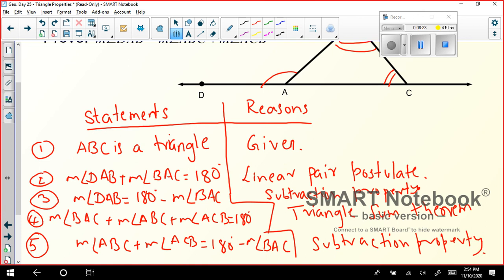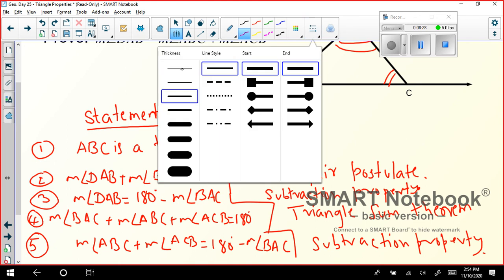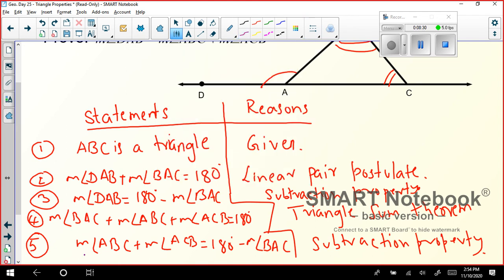Now further we can compare these two statements. I have measure of angle ABC plus measure of angle ACB equals 180 degrees minus measure of angle BAC, and here also I have angle DAB as 180 degrees minus measure of angle BAC.